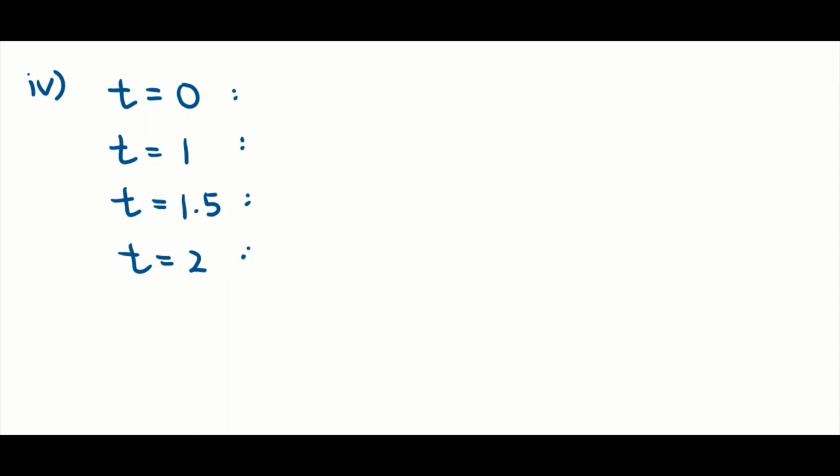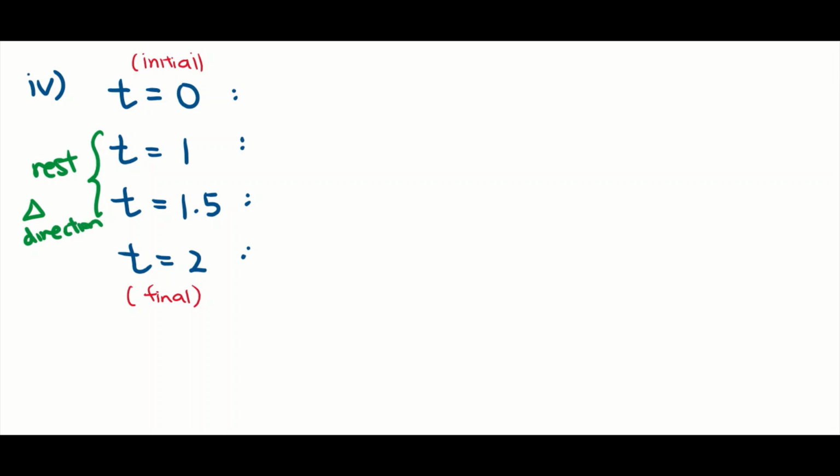For part 4, I took note of these 4 timings. T equals to 0 is crucial because that is the initial timing. Whereas for T equals to 2, T equals to 2 is the final timing. For my 1 and 1.5, these are the instantaneous rest times, so I can change my direction.